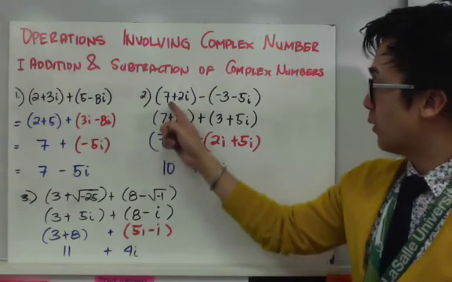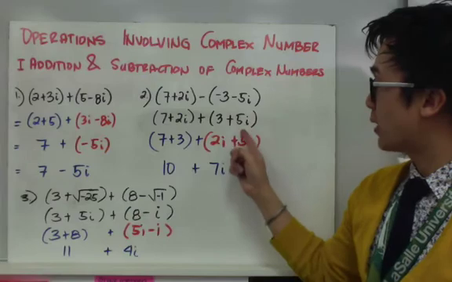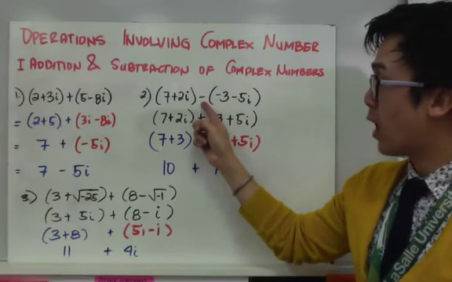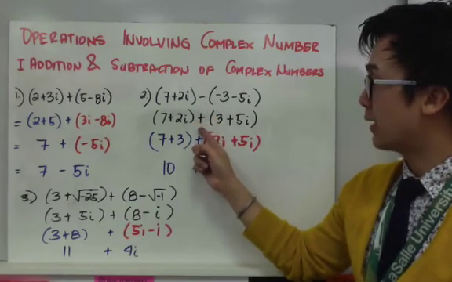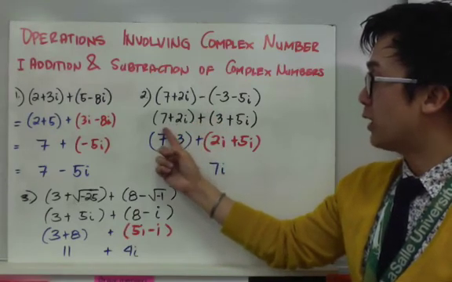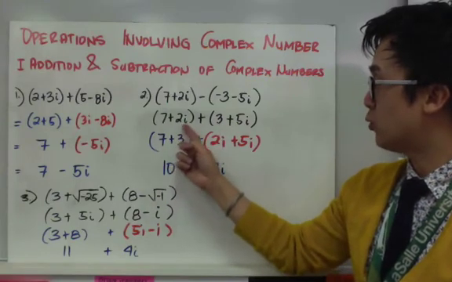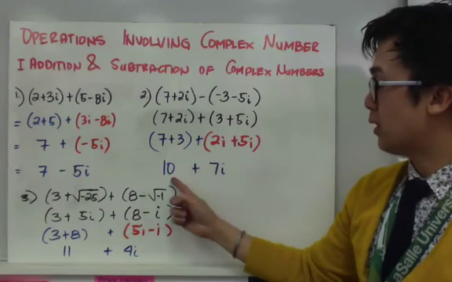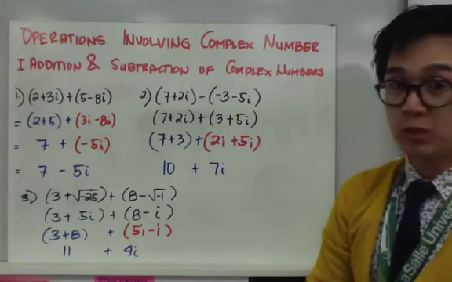So here, negative 3 becomes positive 3, and negative 5i becomes positive 5i because we are changing our operation from subtraction to addition. Now we can combine like terms. We combine the real parts, 7 and 3, and the imaginary parts, which are 2i and 5i. Simplifying our complex number, the answer will be 10 plus 7i. And that's example number 2.